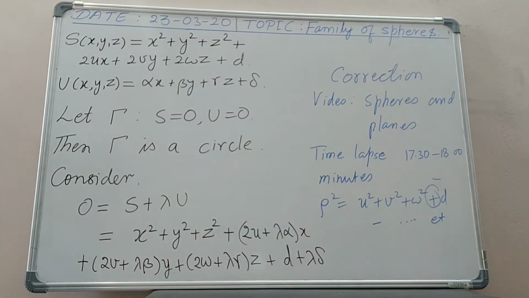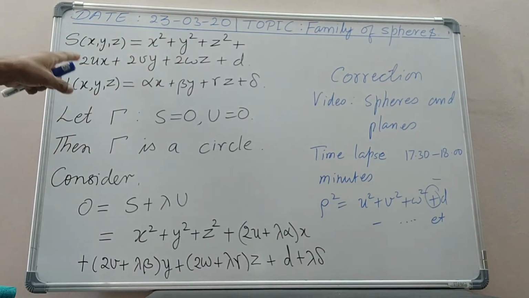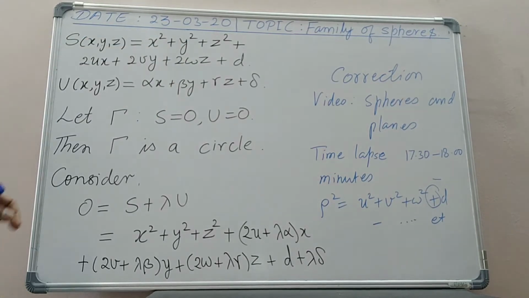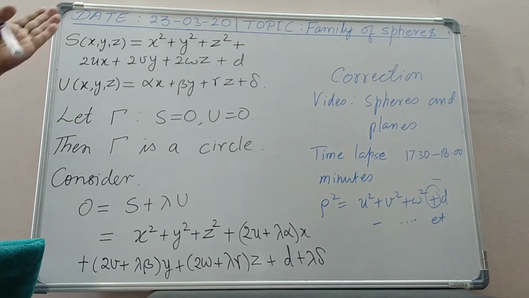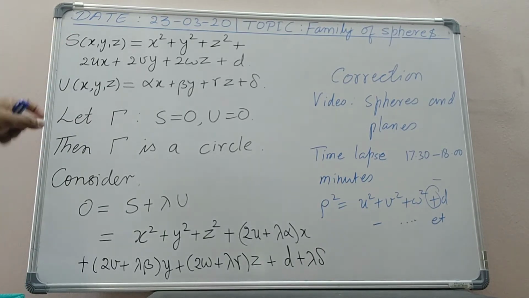In this video, I'm discussing family of spheres, and s equal to 0, where s is the expression x square plus y square plus z square plus 2ux plus 2vy plus 2wz plus d. I think by now you might have got used to this particular expression.